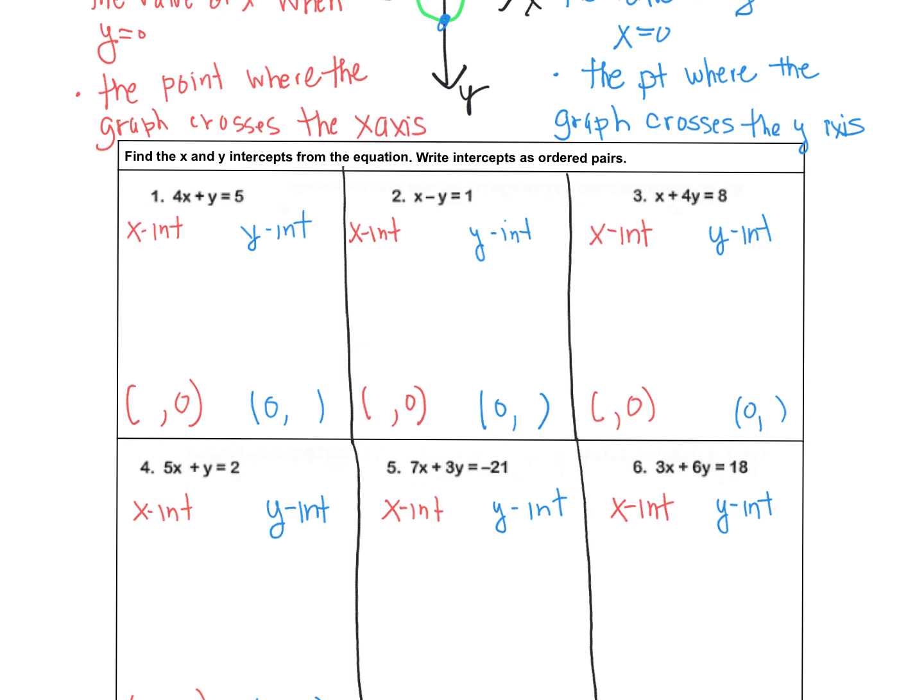We're going to start with the x-intercept, and I'm going to rewrite the equation right underneath it: 4x plus y equals 5. Then I'm going to think about what it means to find the x-intercept. It's the value of x when y equals 0. Therefore, in place of this y right here, I'm going to put in the 0.